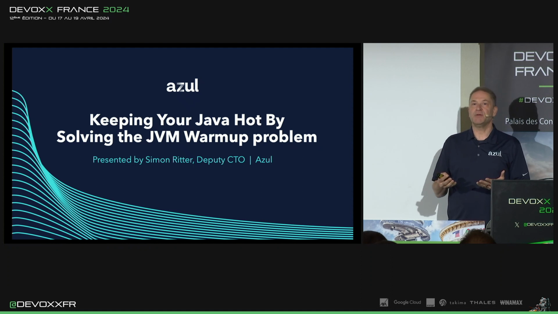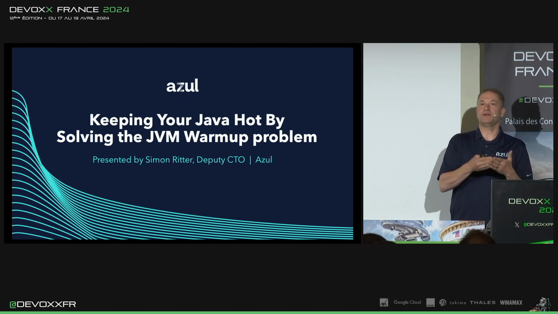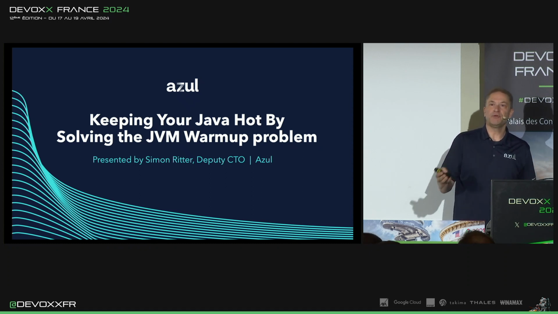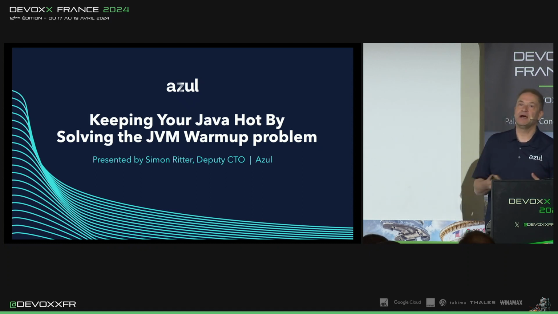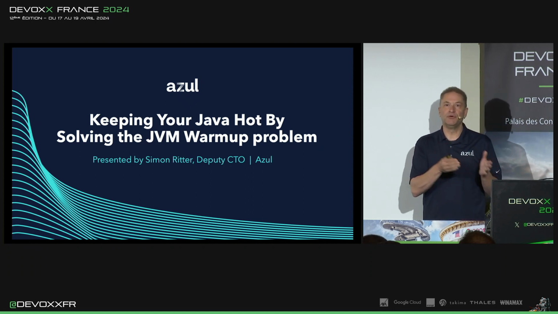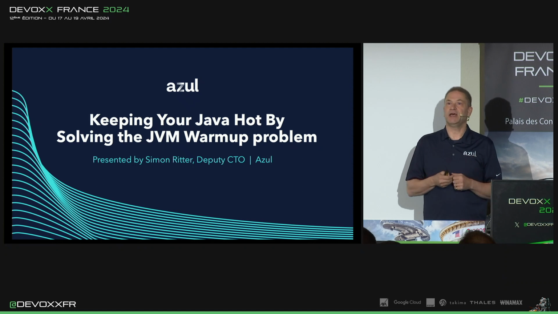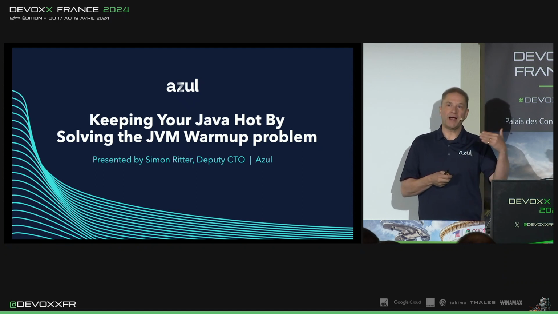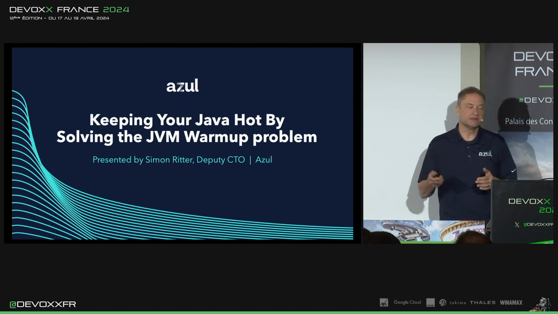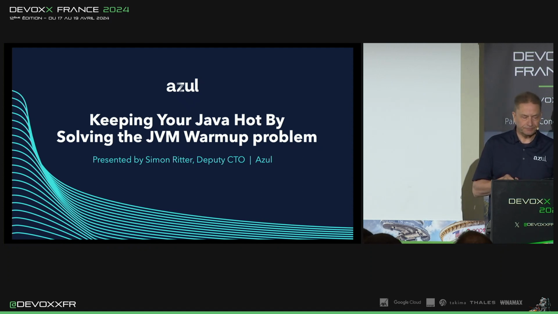Because of the way that the JVM works, we are faced with a performance issue when we start up our application. We've lived with that for a long, long time, and there have been various different approaches to try and solve that. So what we're going to go through is a number of different ways that you can try and alleviate that issue, and how good those are in terms of different types of applications. So we'll see where they fit in terms of your application.